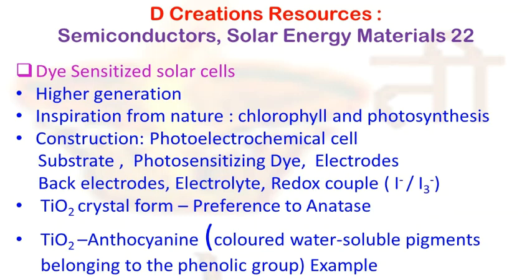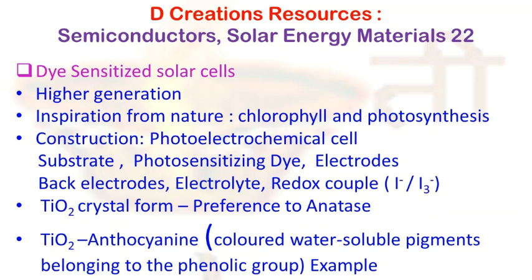Now let us talk about the third generation of solar cells, and here the interesting aspect is it is inspired from nature. So basically it is based on the concept of artificial photosynthesis, and here dyes or natural pigments are used for harvesting the solar energy.